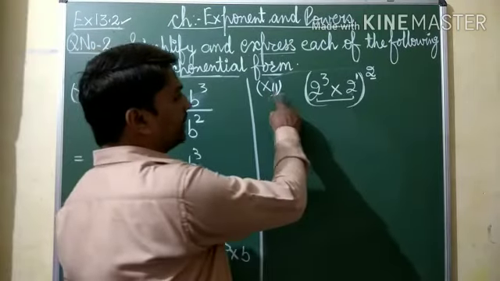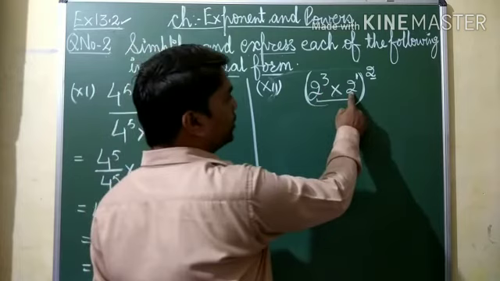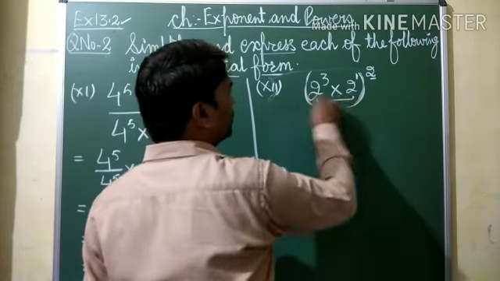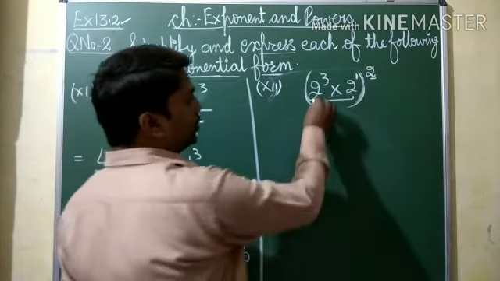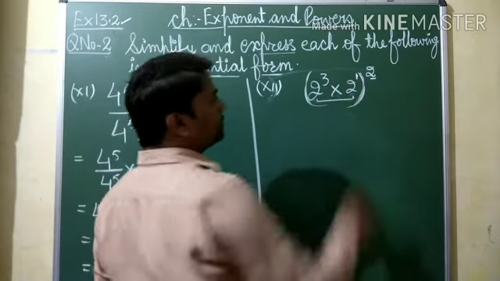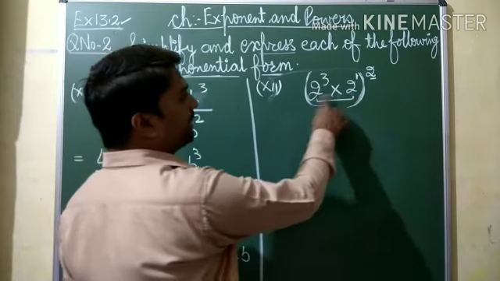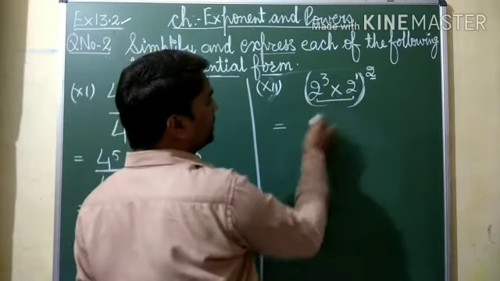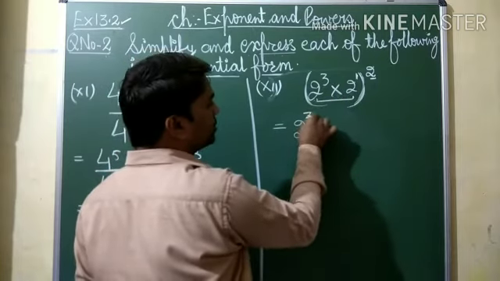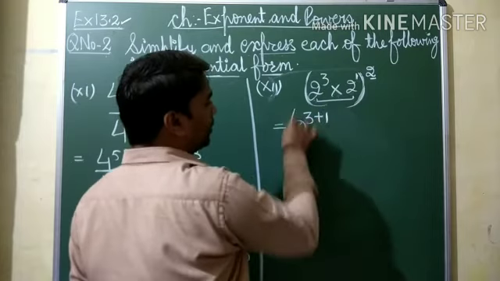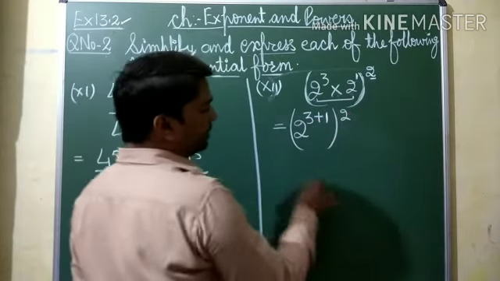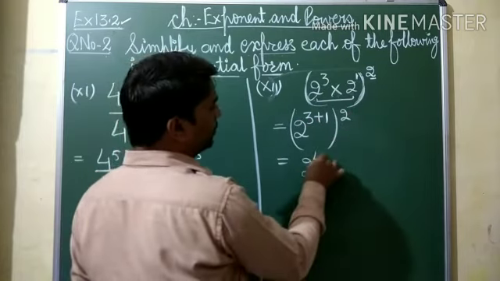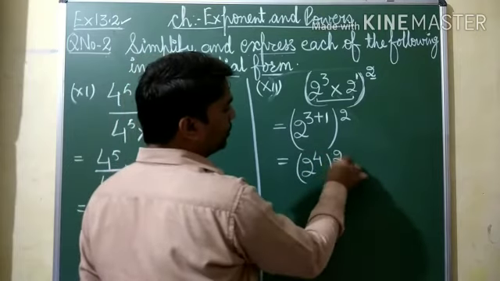Next is 12th part: 2 raised to 3 multiplied by 2, whole raised to 2. Since 2 raised to 3 multiplied by 2 raised to 1 is the case of multiplying powers with the same base 2, we get 2 raised to 3 plus 1, whole raised to 2, which is equal to 2 raised to 4 whole raised to 2.